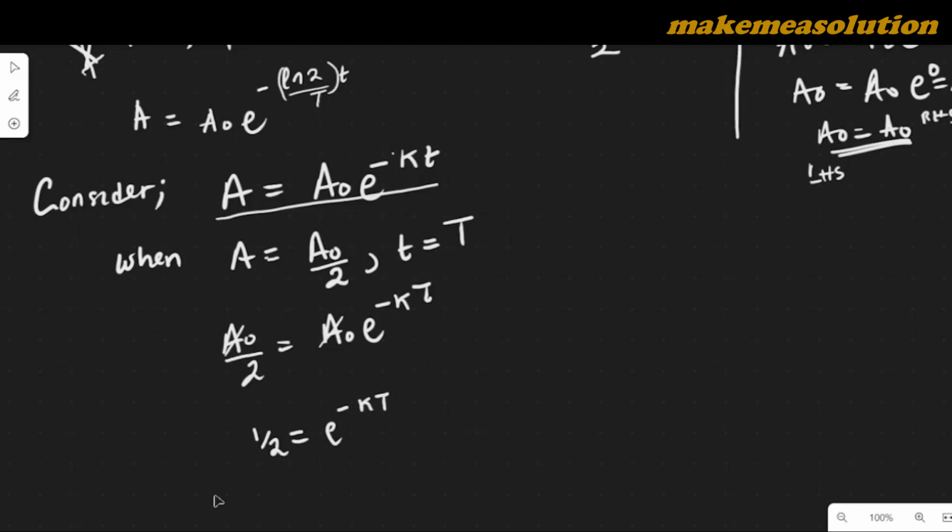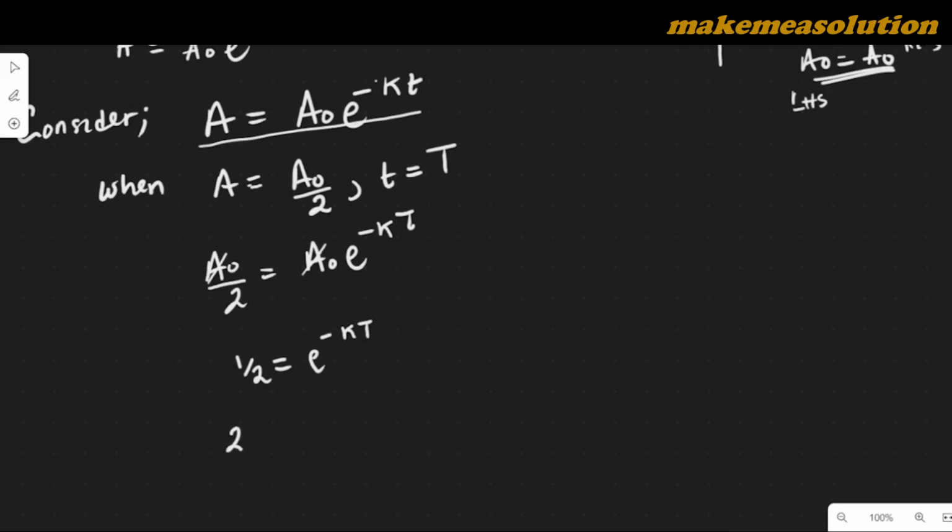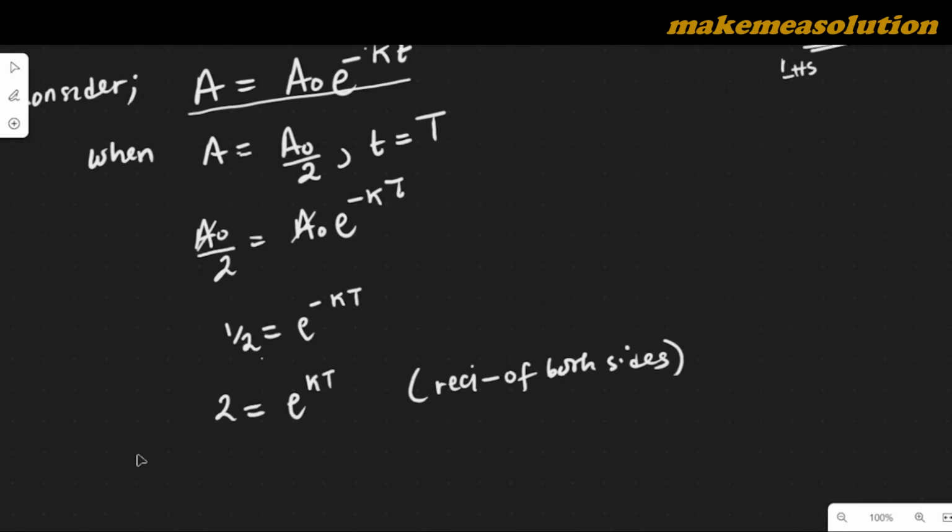If we take the reciprocal of both sides, we're going to get 2 is equal to exponential kt. So what did you observe in the left hand side? 1 over 2 became 2, and on the right hand side, exponential minus kt becomes exponential kt. That is our application of laws of indices. When you take the reciprocal of a raised to the power of minus n, you're actually getting a raised to the power of n.